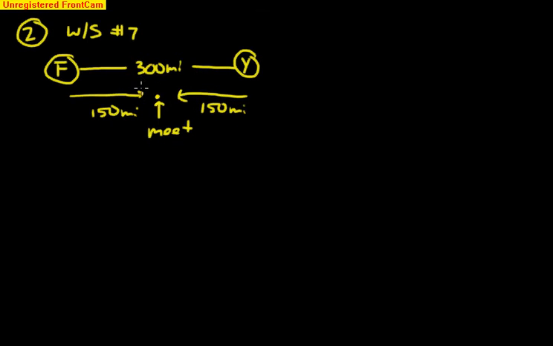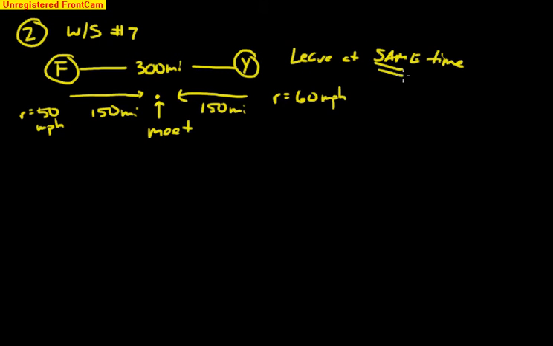It tells you that your friend averages 50 miles per hour, so their rate is 50 miles per hour, and your rate is 60 miles per hour. You are going to leave at the same time, and the same time is very important.